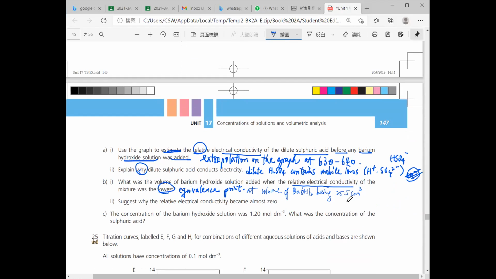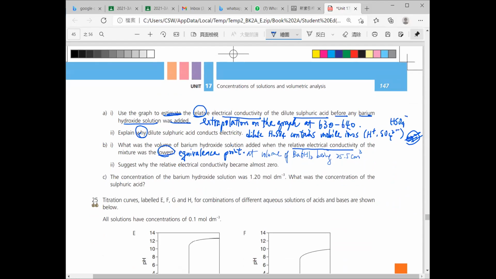How about A3? Such as why electrical conductivity became almost 0. Why? At that point, what happened?